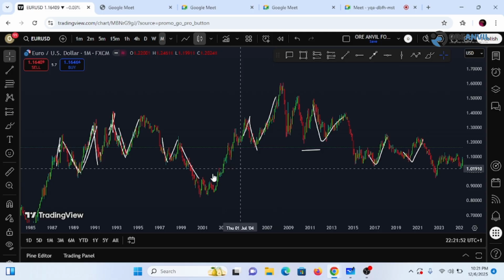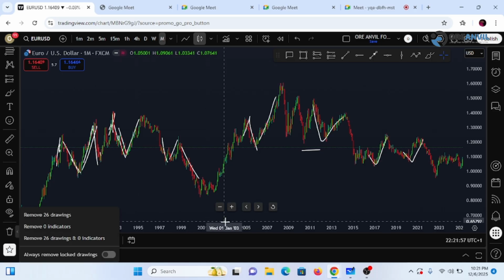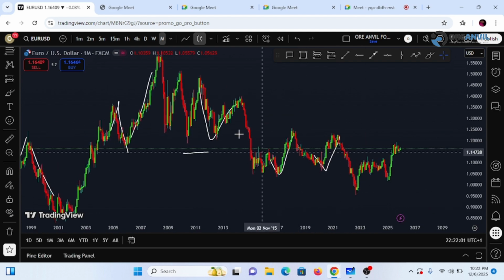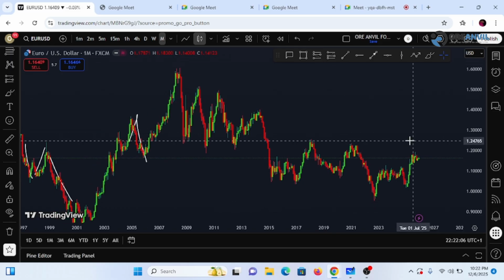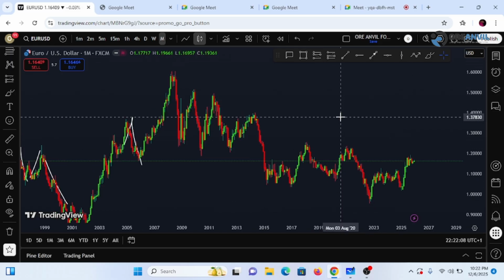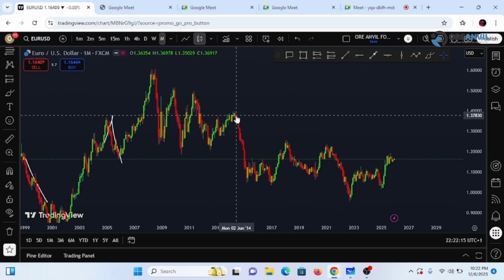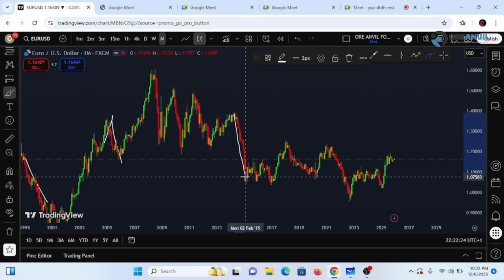The way I usually mark my structure is based on the color of the candle. Like on this particular time frame here, I can mark like this, but I'll just mark straight to the downside.